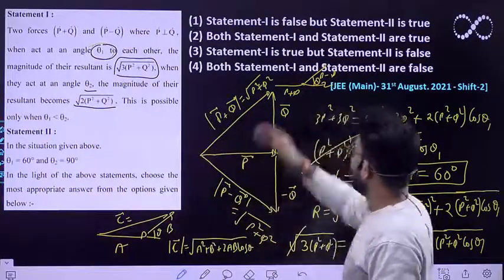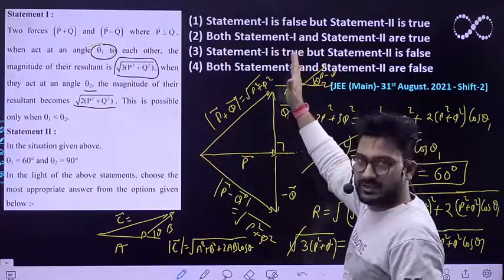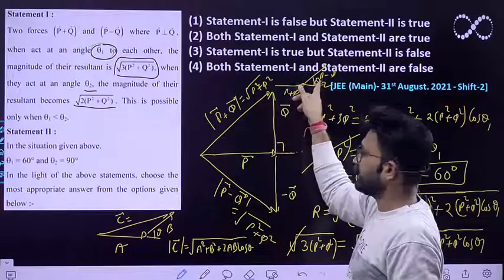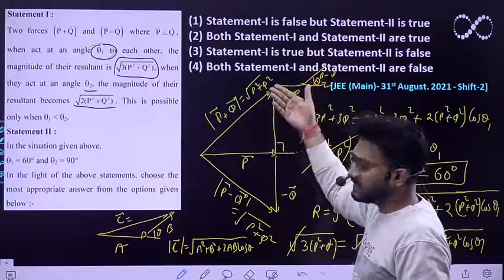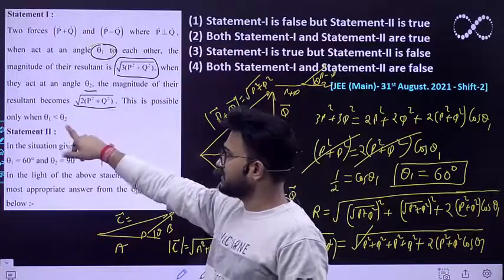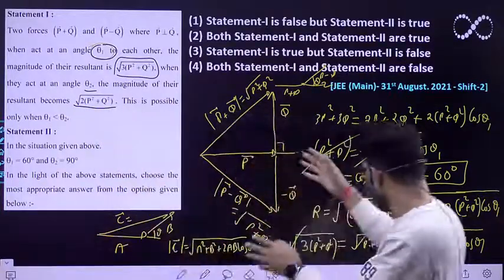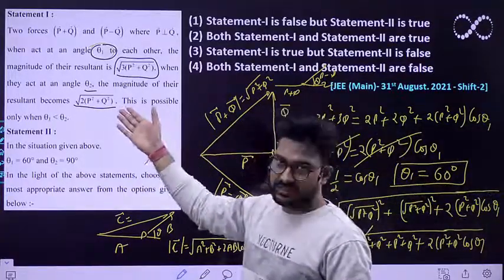Obviously, when the angle increases, don't you think the resultant decreases? When the angle between A and B keeps on increasing, the resultant decreases. So that means this theta 2 must be greater than theta 1. This we can easily prove. We need not write everything, in order to come to the conclusion that statement 1 is correct.